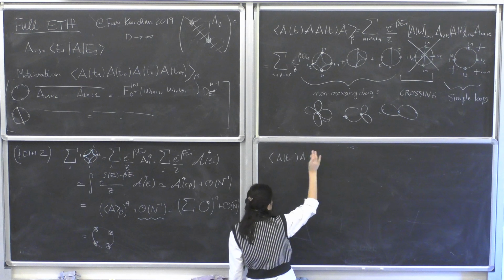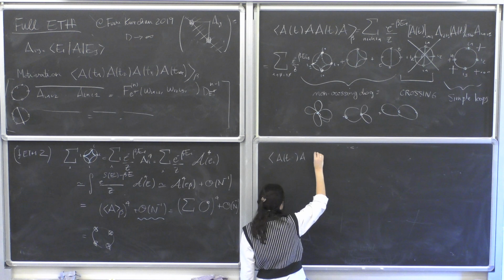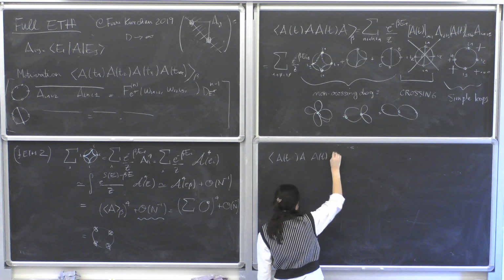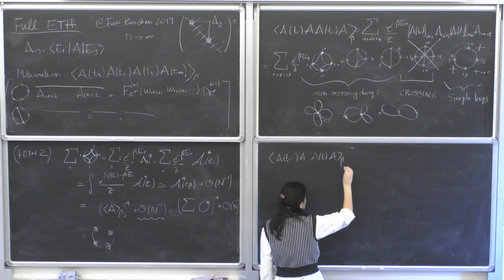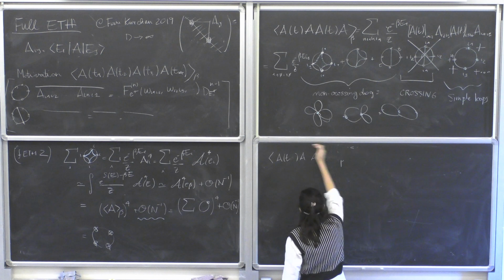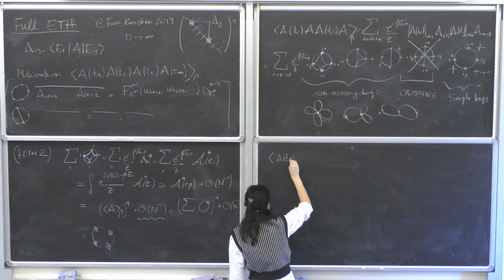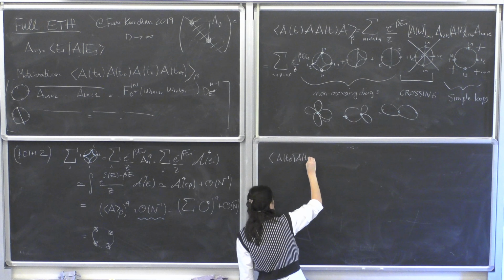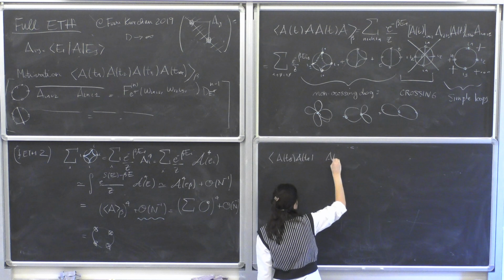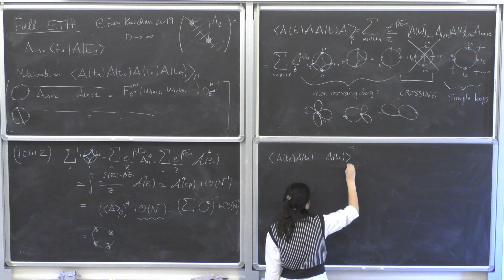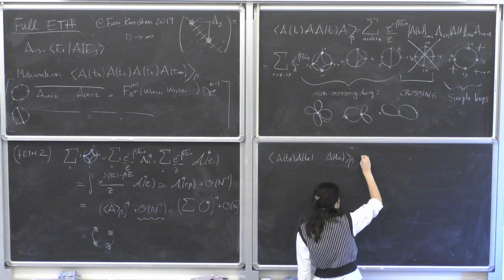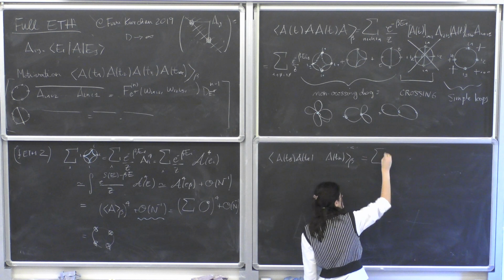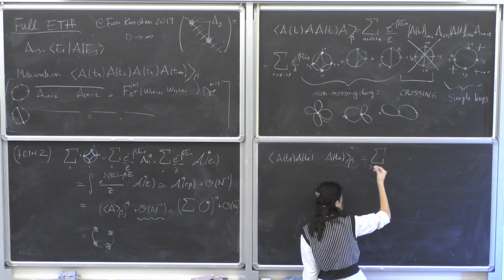Let me do it for the autocorrelation, A of t, beta, or no, let me do it in general: A(t1), A(t2), beta, which is, and I can always define thermal free cumulants in this implicit way.